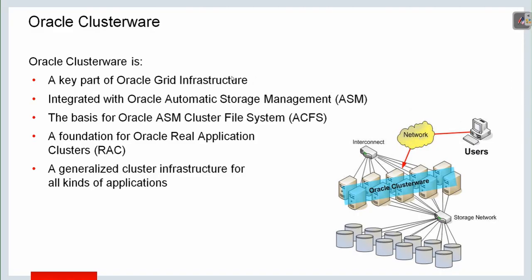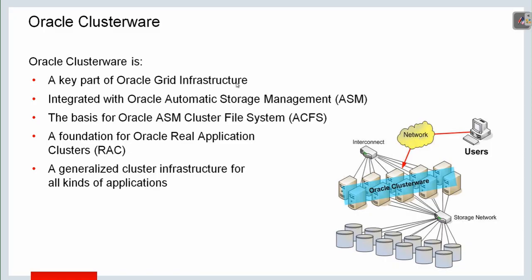Here we have a summary. Clusterware is a part of Grid Infrastructure. That's what I mentioned. And it is integrated with Oracle ASM. Thus, Oracle Clusterware can take advantage of ASM storage. And also, you can create ACFS on top of ASM storage. And we use it for many different purposes.